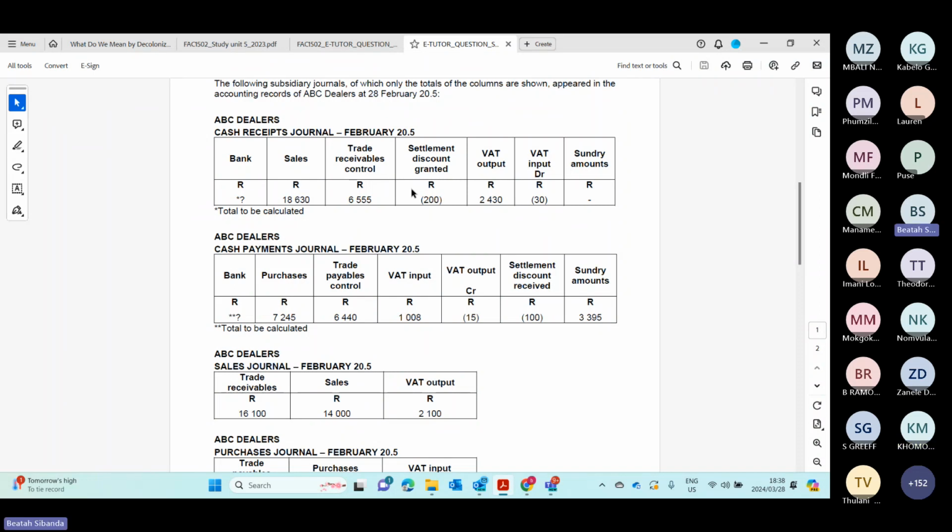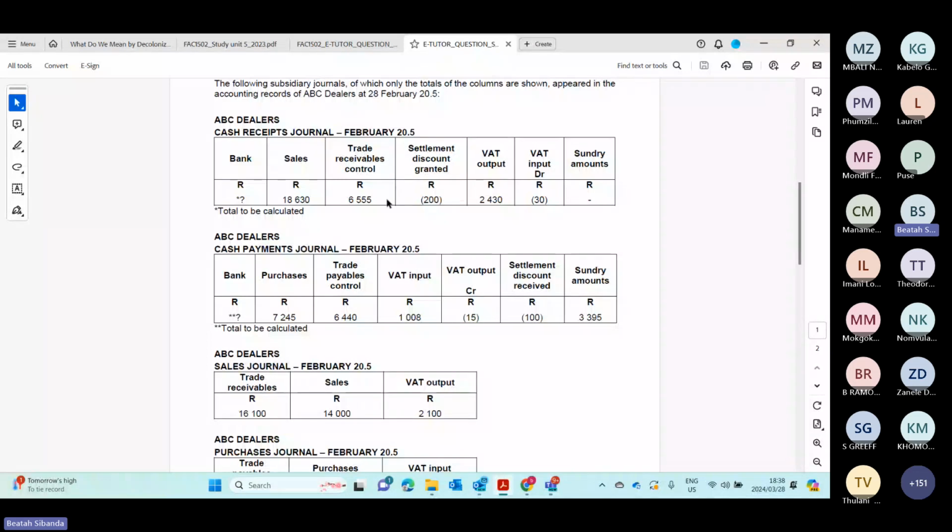Okay, so this information, if you look at that statement above, it says it appeared in the accounting records of ABC dealers at 28 February 2025. So this is the year, and this information relates to the entire period.